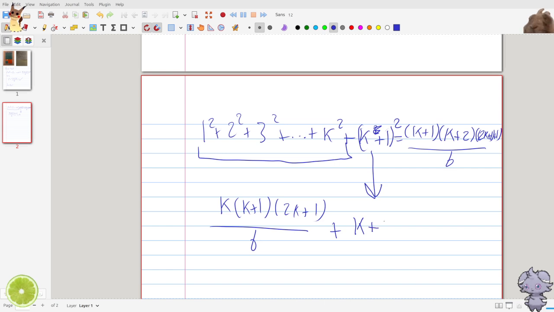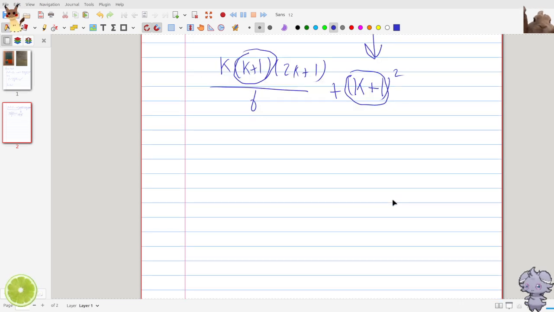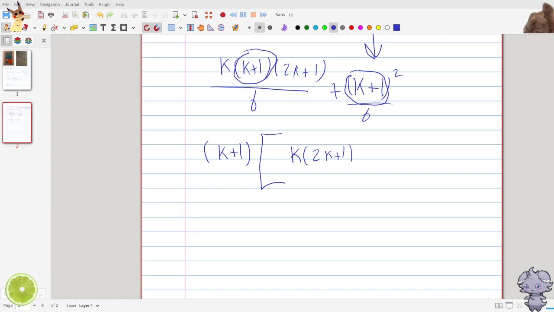So we have a common factor here and here, k plus 1, so we will take it out. k plus 1 is the common factor, all multiplied by k, 2k plus 1, and we will divide by 6 and multiply by 6.